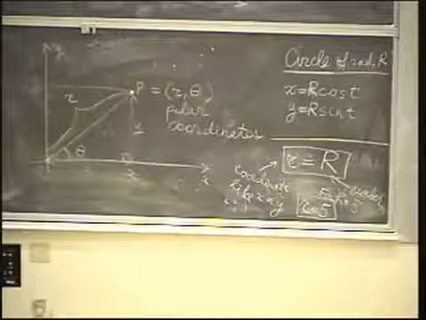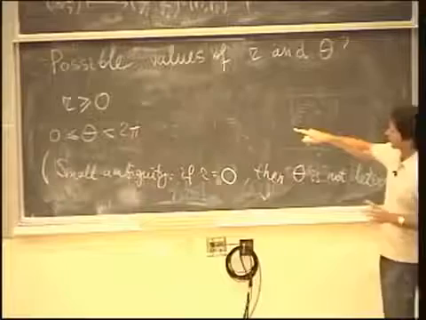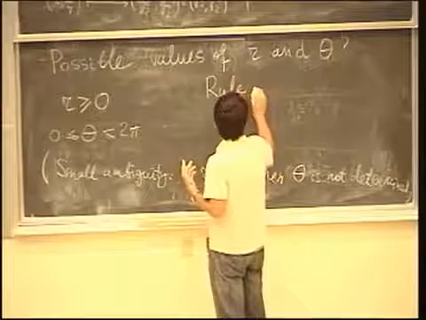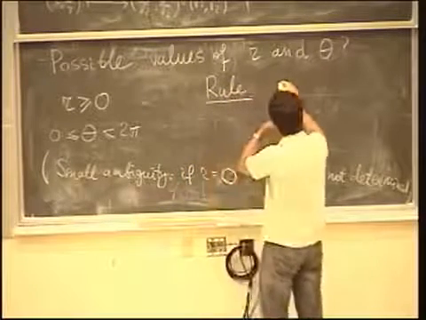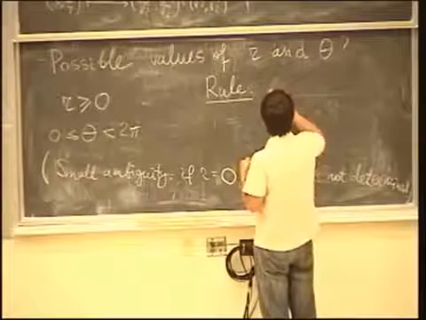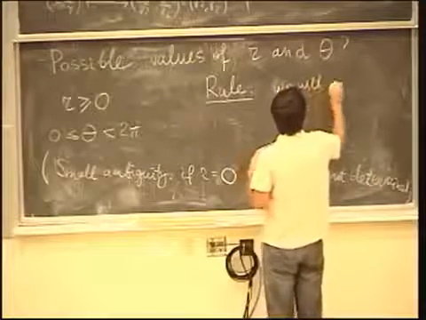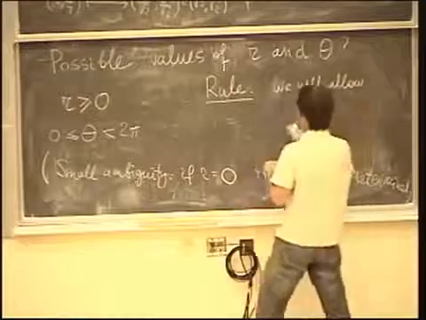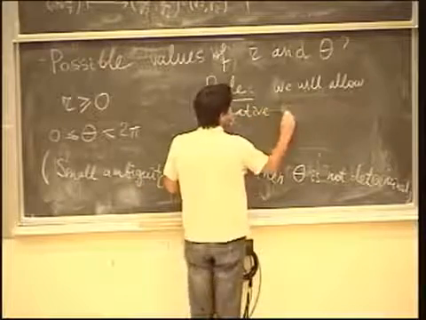But in our calculations, it will be very convenient to have a certain rule and to allow points with negative r. So this is a rule of convenience, really. The rule of convenience is that if r is negative, we will allow negative values of r with the following interpretation.